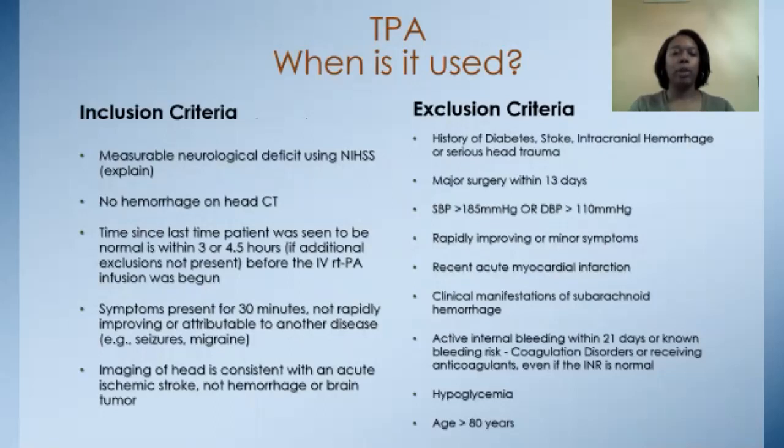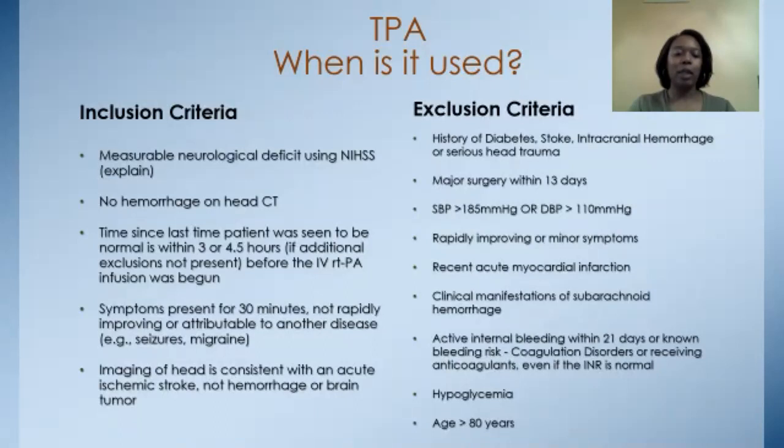No hemorrhage on the CAT scan of their head. And the onset of symptoms were within the time frame allotted, between 3 and 4.5 hours. The symptoms present for 30 minutes, not rapidly improving, which would indicate a TIA or some other disease such as possibly seizure, migraine, hypoglycemia, or maybe even something neurological like a Bell's palsy.